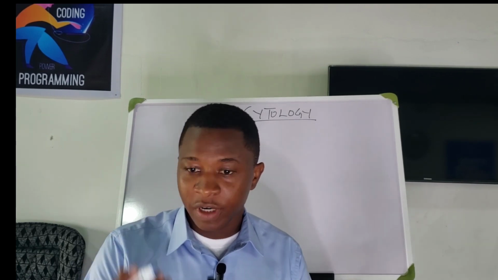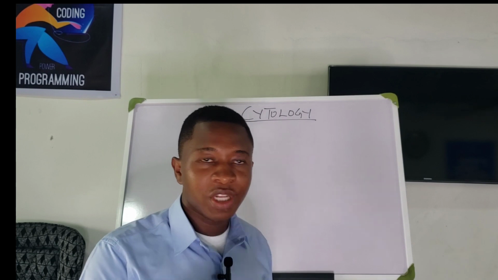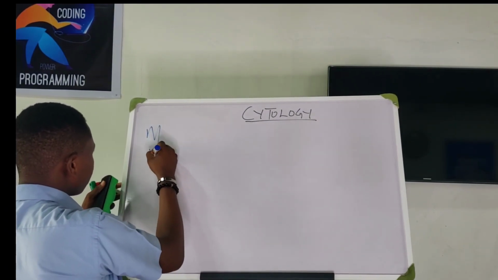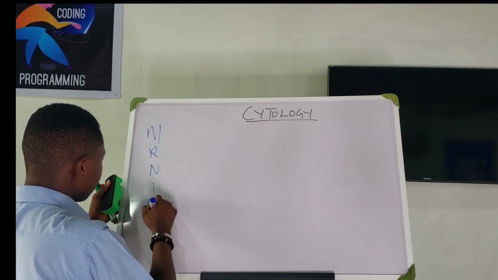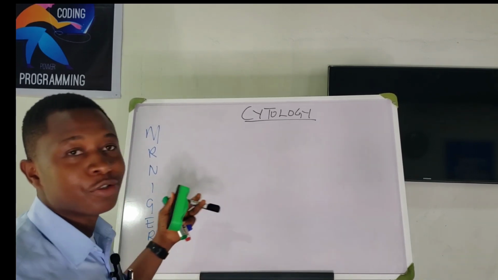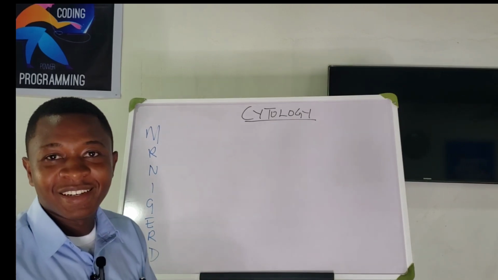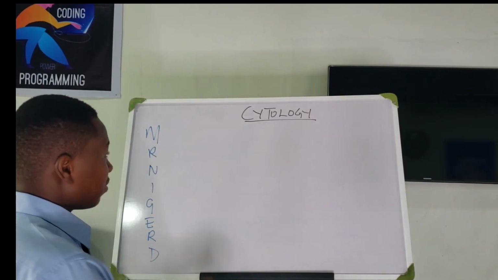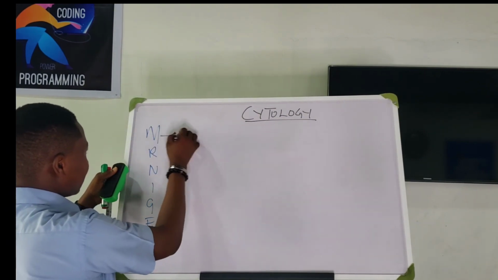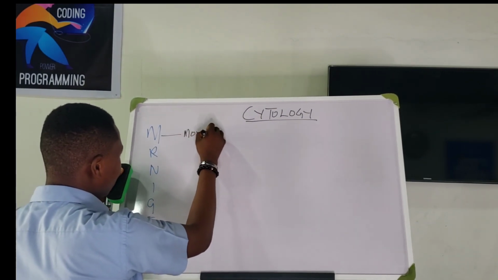If you can remember, in our fundamental biology, we use the acronym Mr. Ninja D to remember the characteristics of living things. M, if you could remember, stands for movement.